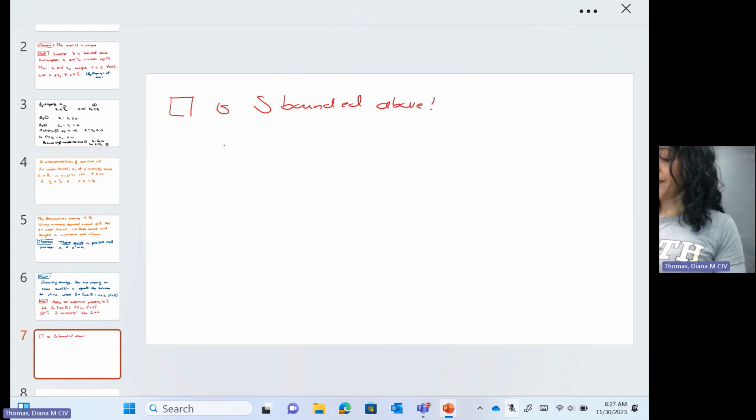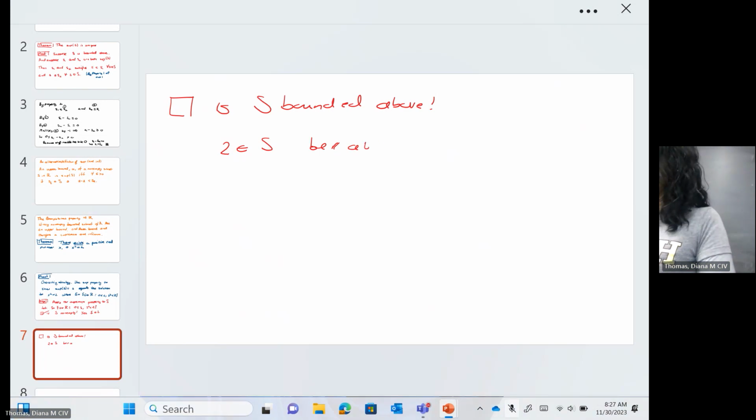I thought 2 squared is... Wouldn't 2 squared be greater than 2? Yes, and you want it to be greater than the elements in that set. So you can use your intuition to say it's 1.14 and so on, whatever it is. 2 is bigger than that, right? So 2 certainly covers it.